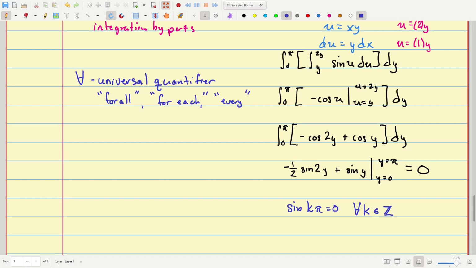It is used as a stand-in sometimes for the English phrases for all, for each, every.